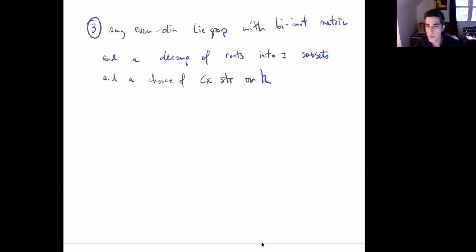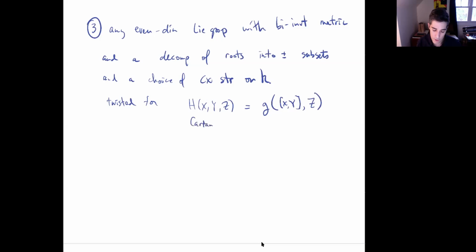You can kind of ignore all the details. The point is that a lot of even dimensional groups have GK structures, and these are all twisted by the three-form given by this bi-invariant metric applied to the Lie bracket of x and y and z. So this is the famous Cartan three-form, which, at least in the simple case, generates the third cohomology of the group.